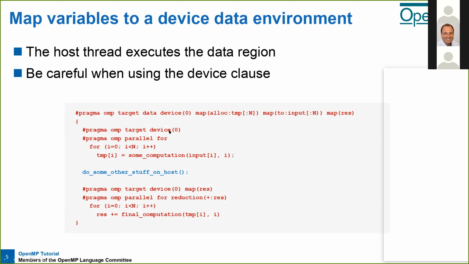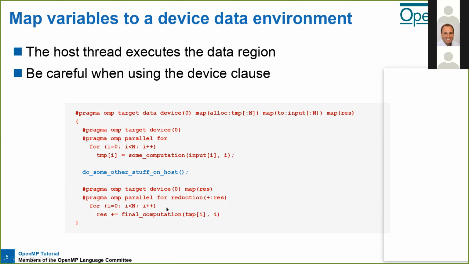So the first kernel here executes a parallel for over an array with loop index variable I and does some computation. Then it's doing something else on the host. And then the second kernel performs another code again on the device, again for this I loop.